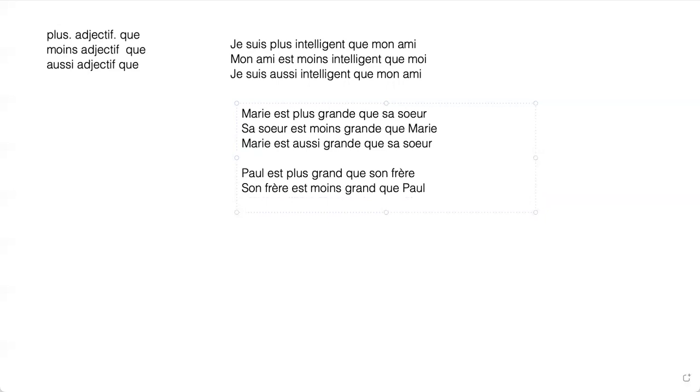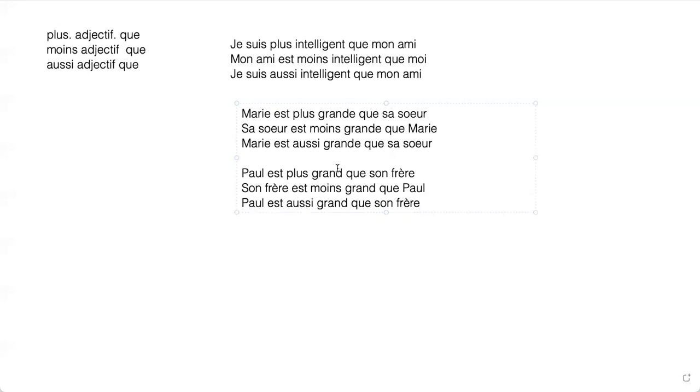But if Paul is as tall as his brother, you say Paul est aussi grand que son frère. So as you see, just I changed these adjectives because Marie is feminine. I need to add a grande, but Paul is masculine.